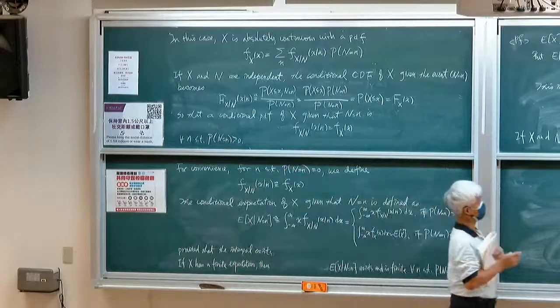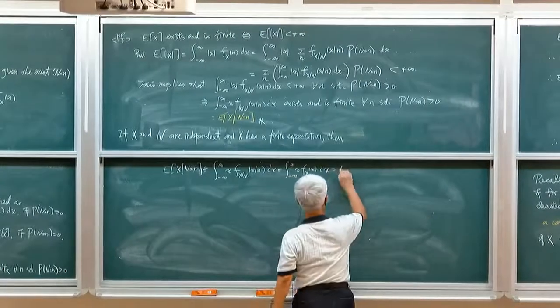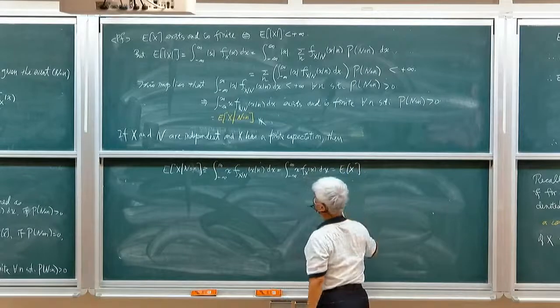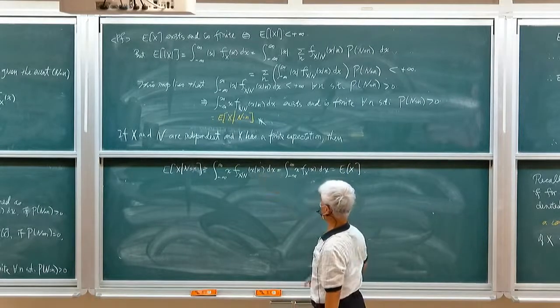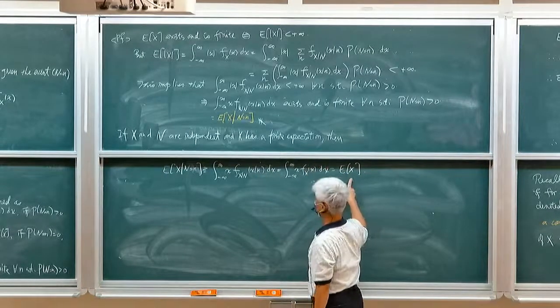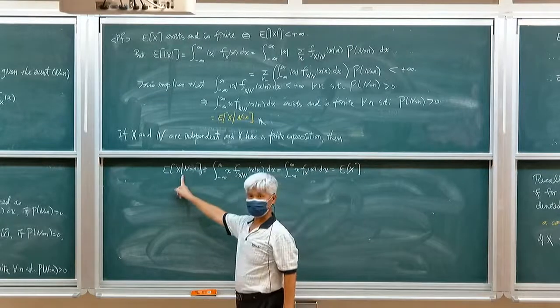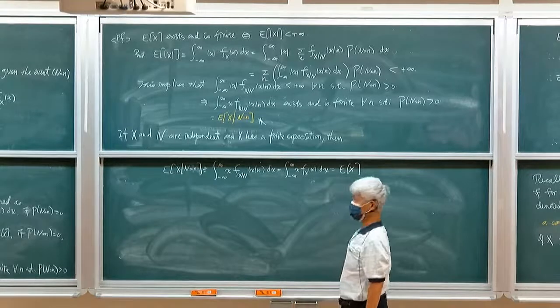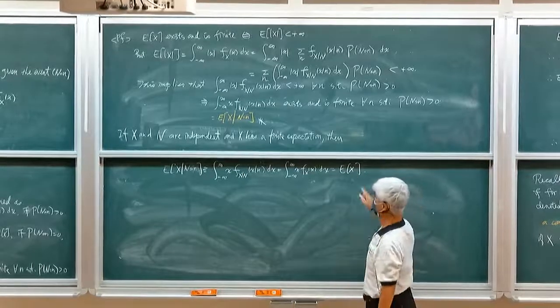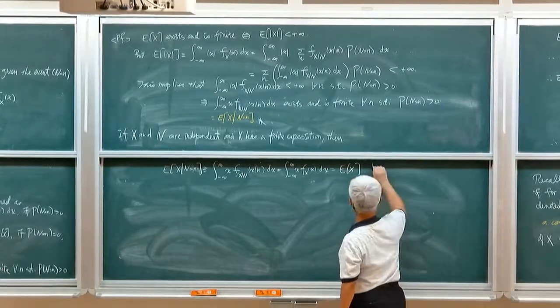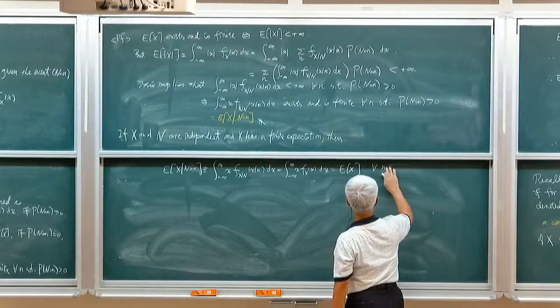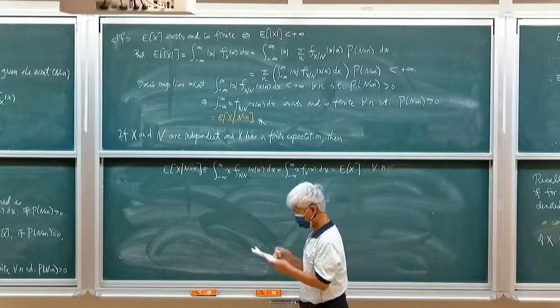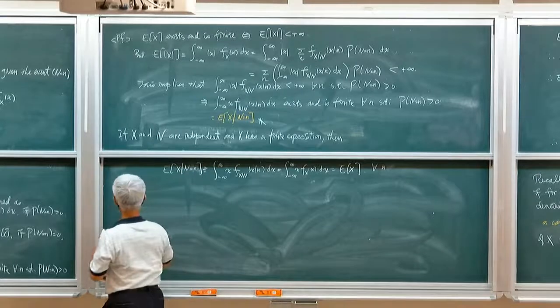So we have that, and this is EX. So if x and n are independent and x has finite expectation, then the conditional expectation of x given that capital N equal to little n is the unconditional one for all n. This is what we know.